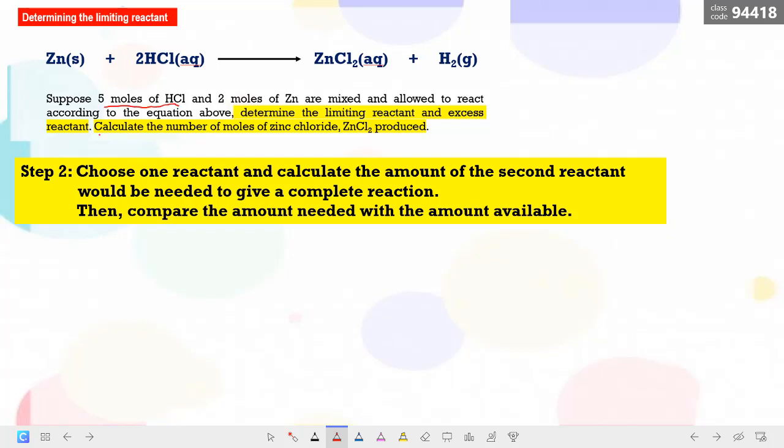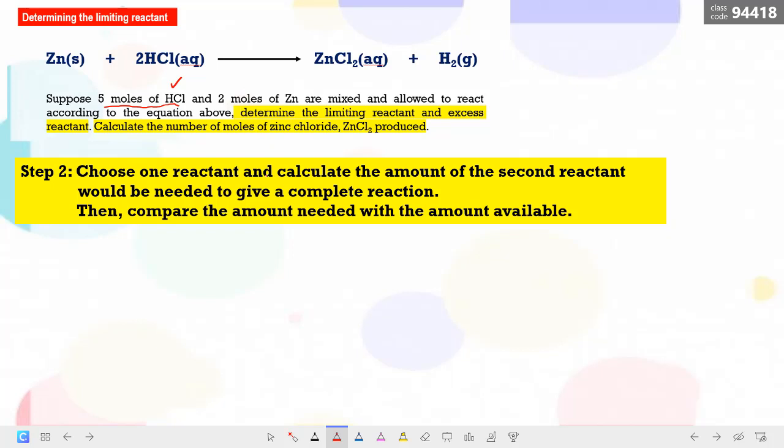By using the moles of HCl provided, I have to compare the amount of the second reactant, which is zinc, needed to give a complete reaction. Saya kena ramalkan berapakah mole of zinc yang diperlukan untuk berlakunya tindak balas lengkap.